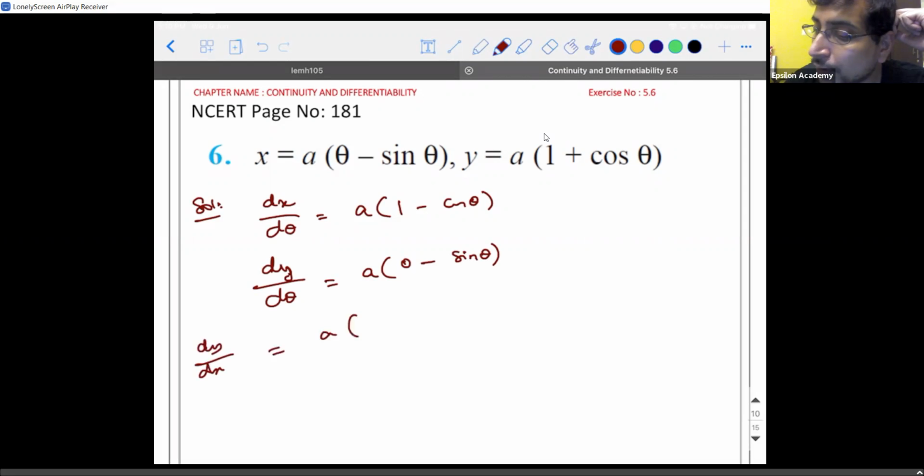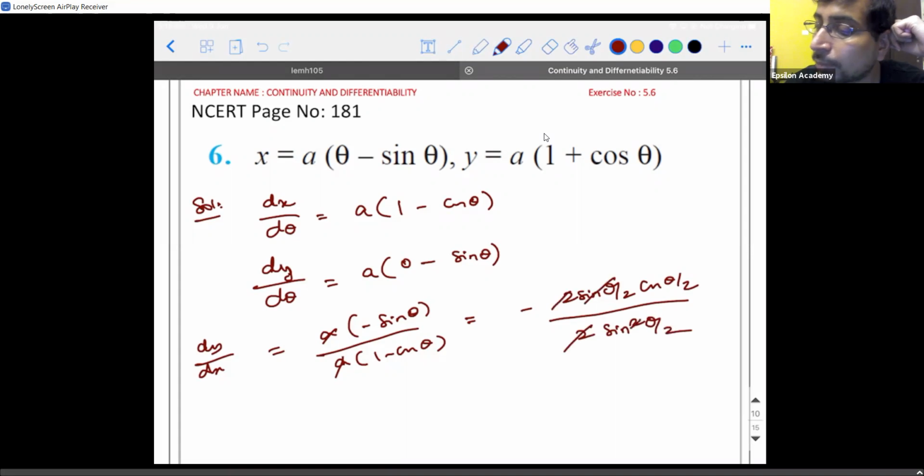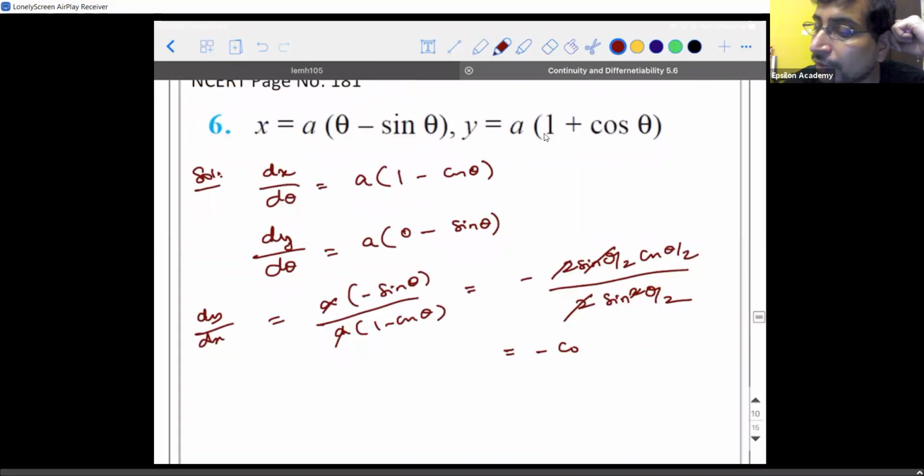A into minus sin theta divided by a into 1 minus cos theta. So minus of, generally sin theta can be written as 2 sin theta by 2 cos theta by 2, the whole divided by 1 minus cos theta, which is nothing but 2 sin square theta by 2. The 2 and 2 get cancelled, one sin theta by 2 is gone. So you'll have the answer as minus cot theta by 2.